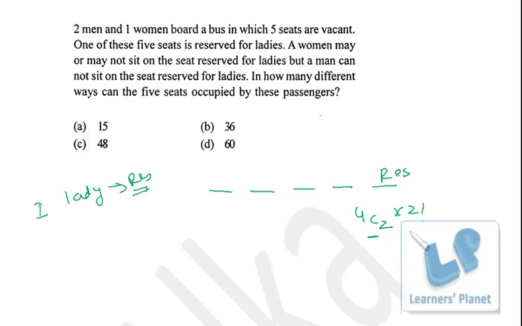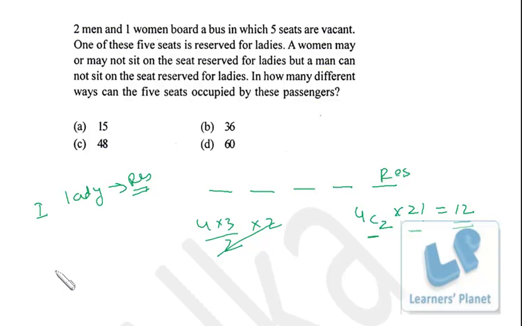First we are selecting, then we are arranging, so this entire thing is a permutation. Out of these 4 seats we are selecting 2 seats, and in these 2 seats 2 men can sit in 2 factorial ways. So this is the first case: 4C2 into 2 factorial. 4C2 is 4 into 3 by 2, and this is 2, so in all 12, when the lady is sitting on the reserved seat.